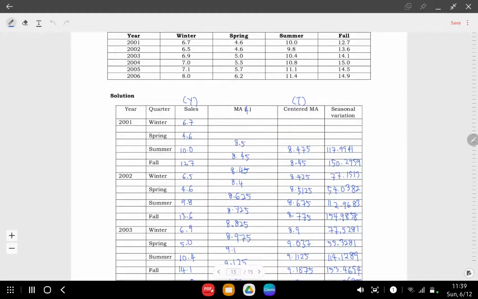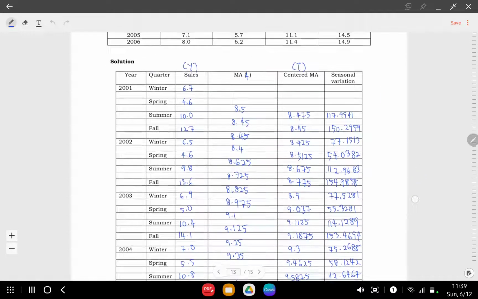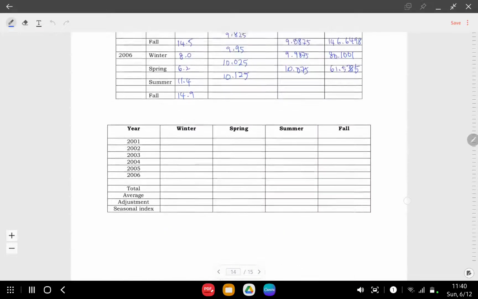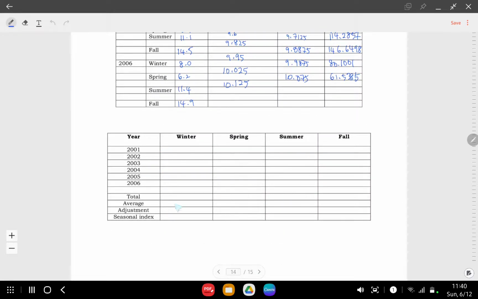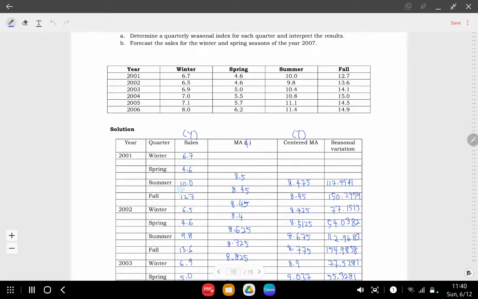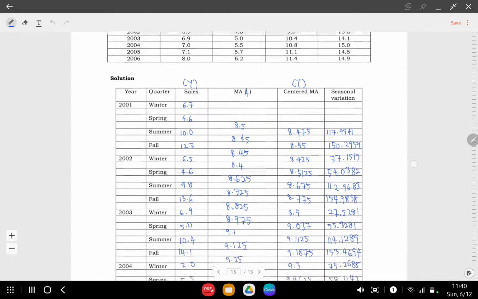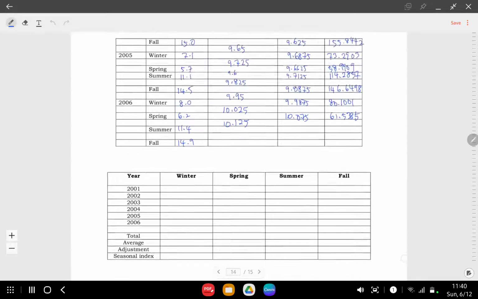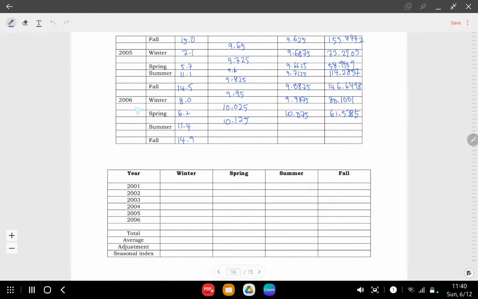What we are going to do next is transfer all the values for seasonal variation into this table, starting from summer 2001 until spring 2006. So spring 2006 is 61.5385.